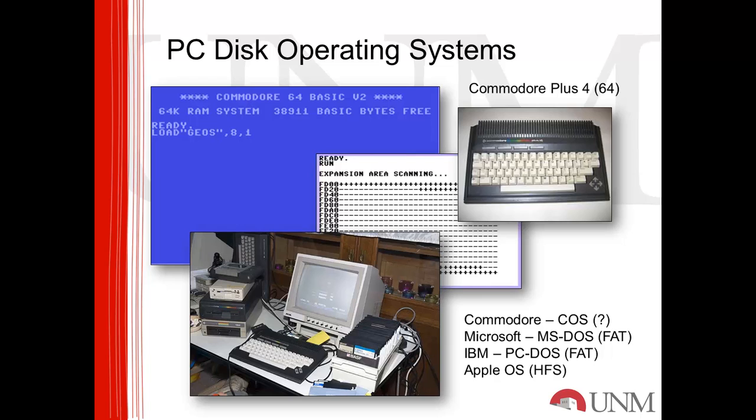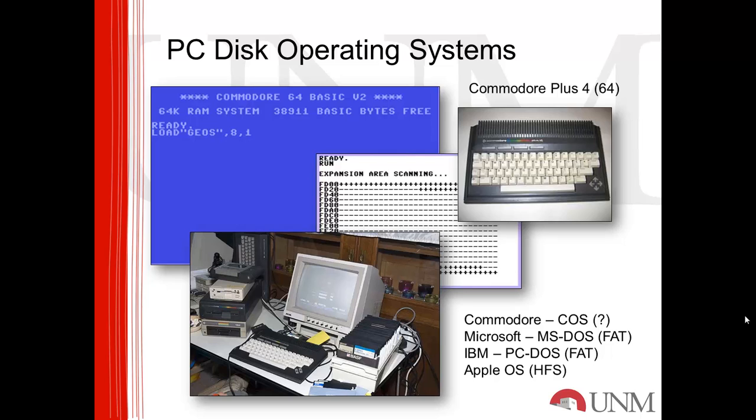And IBM originally adopted MS-DOS for use on the personal computers it was selling. But Microsoft and IBM had a falling out, unfortunately. And so IBM developed its own variant of MS-DOS, which they called PC-DOS, which is essentially very similar.